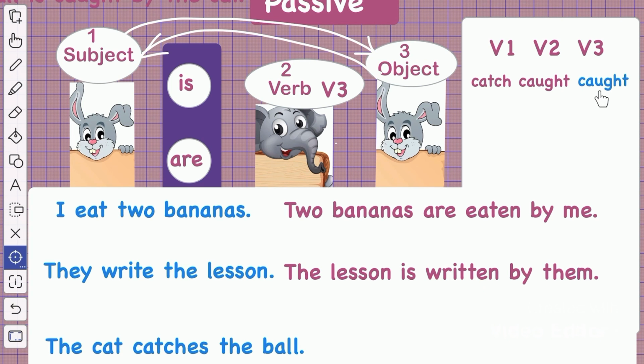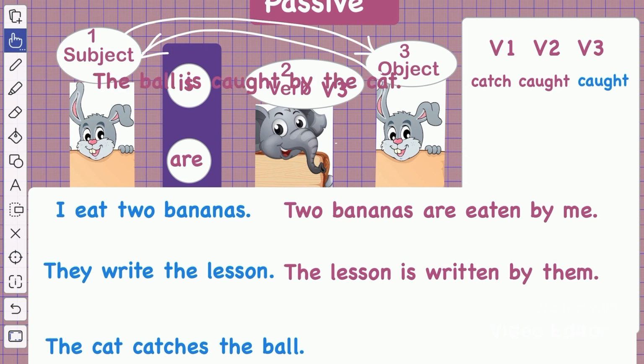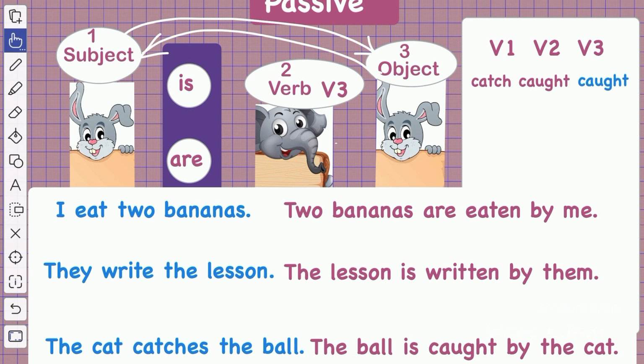And then I will write the preposition by, and I will write the subject in the place of the object, by the cat. It will be just like this. Let's see. The ball is caught by the cat.